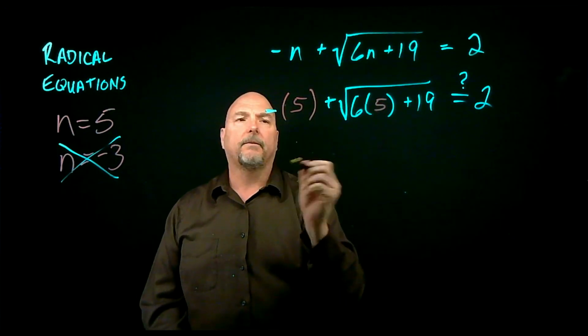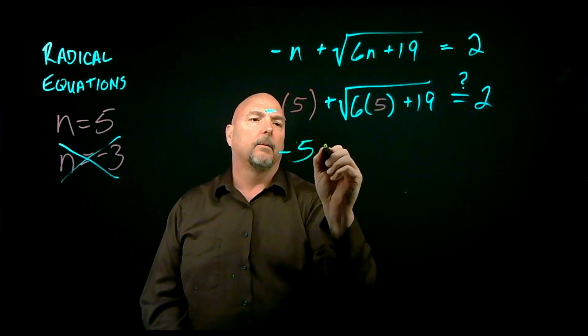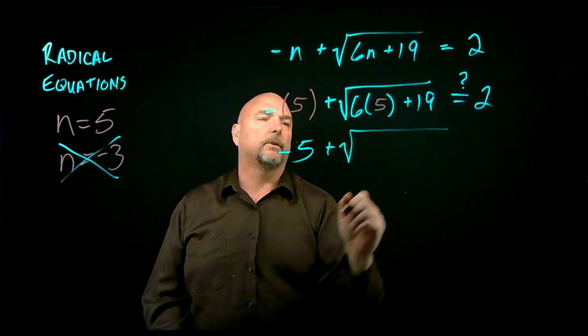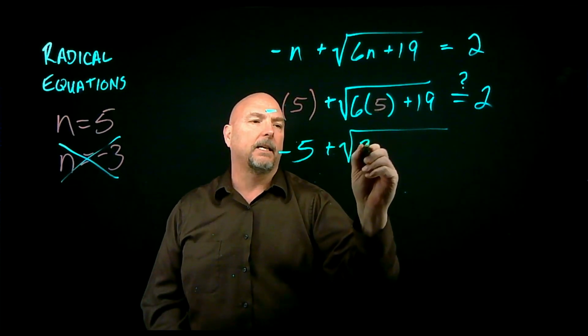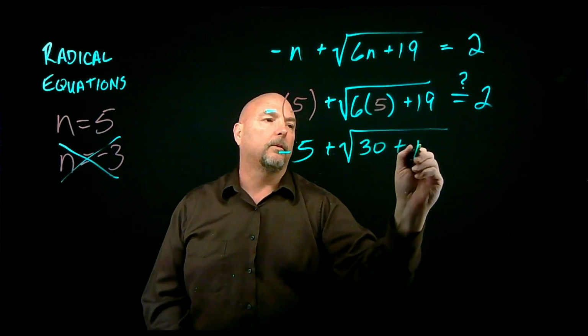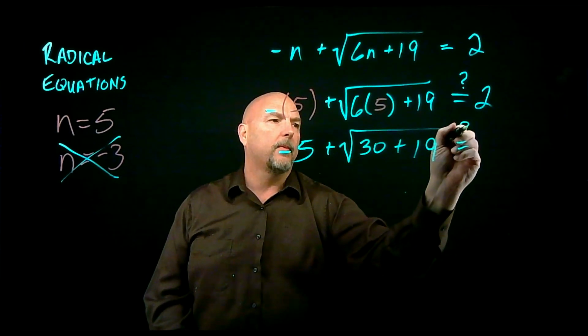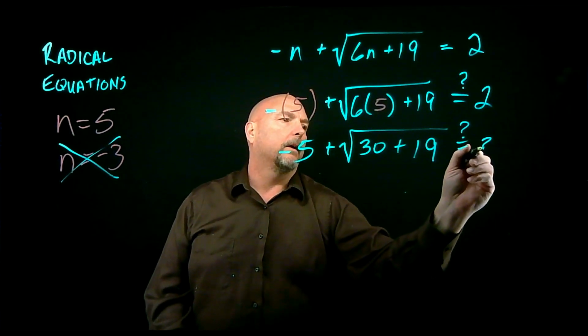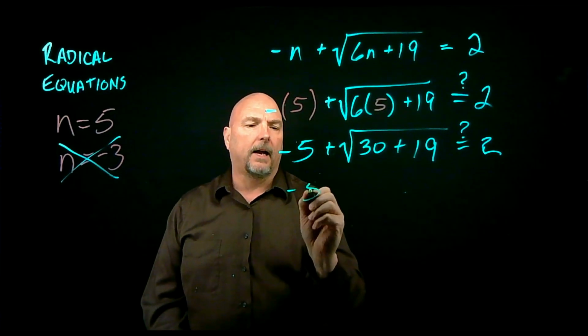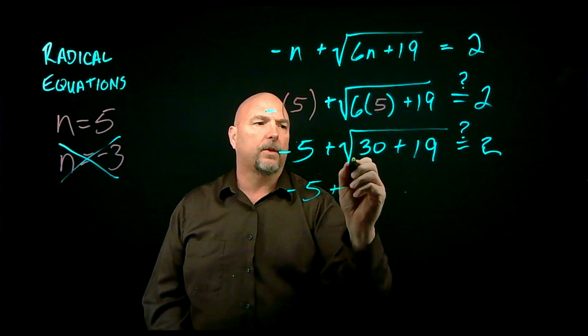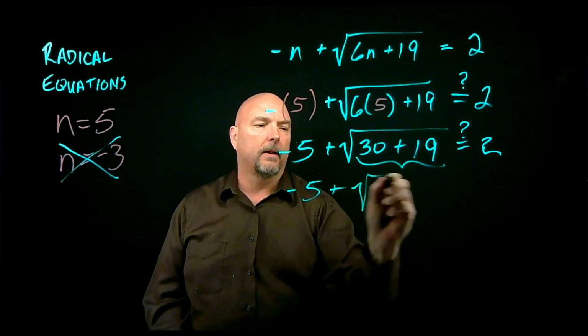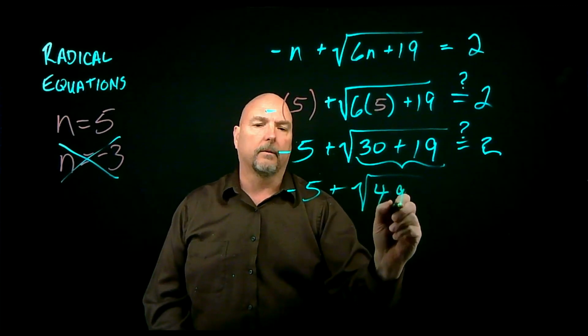So we have 5 plus, square root of 30 plus 19, which, I'm liking the looks of this. Are you? Equals 7. What is 30 plus 19? That is the square root of 49.